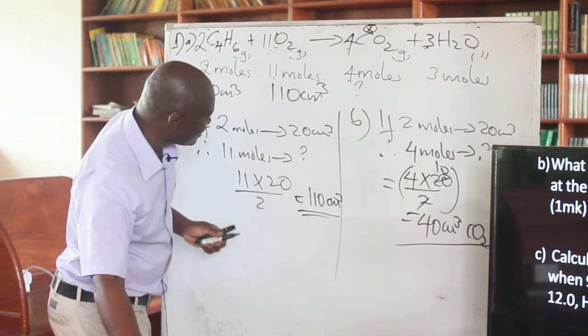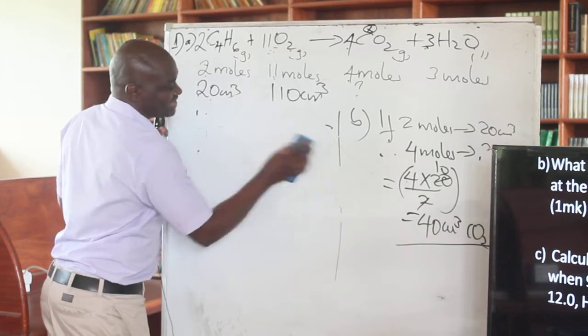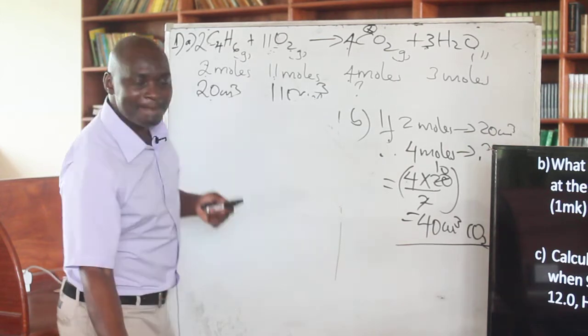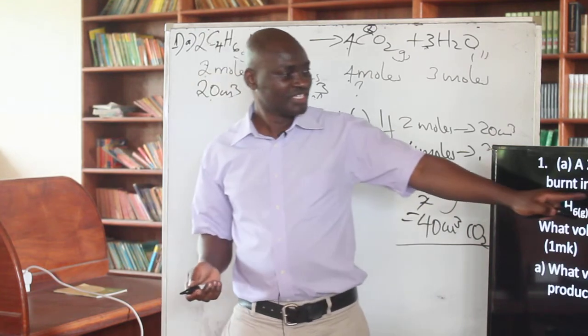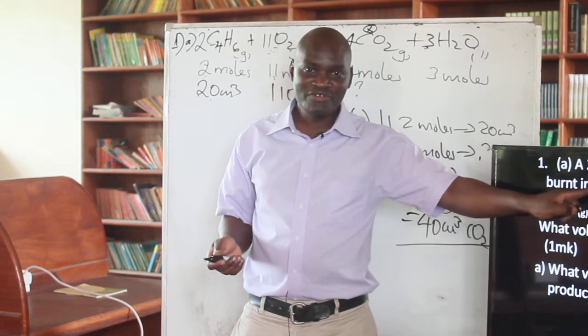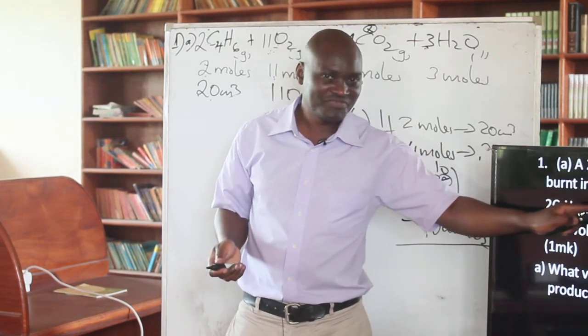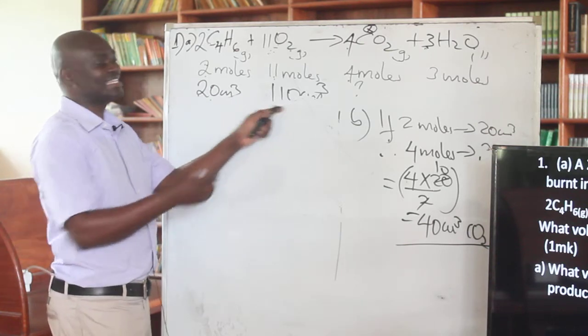The oxygen that was used is 110. But when you come back to the equation, the total volume of oxygen was 150. The volume of oxygen used is 110.